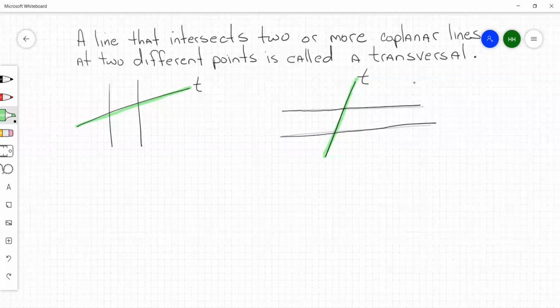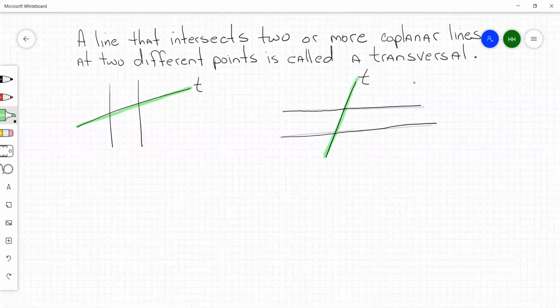Everybody see what a transversal does? Intersects two or more lines. When one transversal intersects two lines, how many angles are created? There's 8 angles created. 1, 2, 3, 4, 5, 6, 7, and 8.